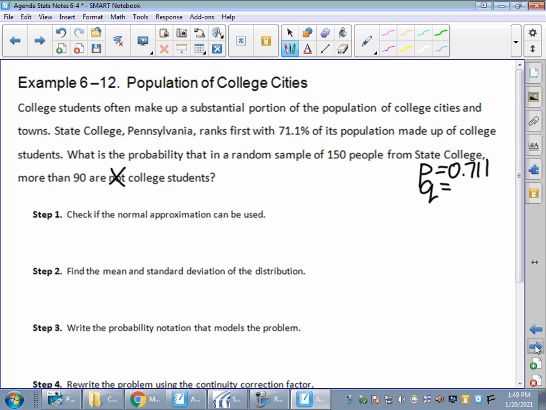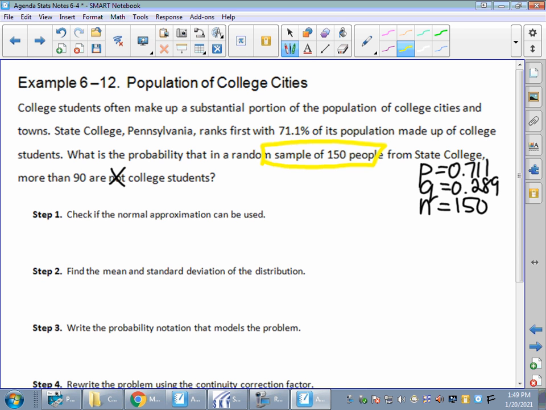Subtract from 1, what do you get? 0.289, I think it is. And the other thing that I need to know is n, what is my sample size? It says, what's the probability that in a random sample of 150 people? So those are all important things to know before we even get started. We're going to need those as we go. We can talk about the other stuff as we work.